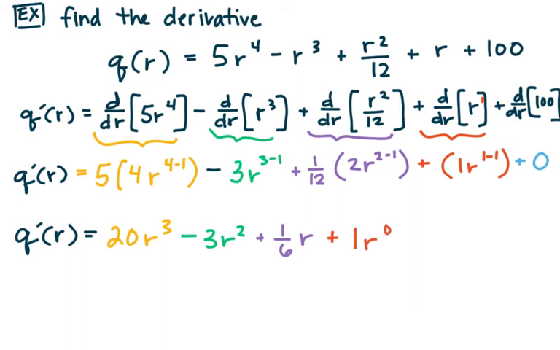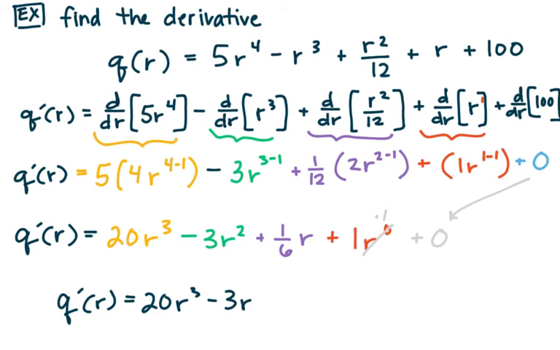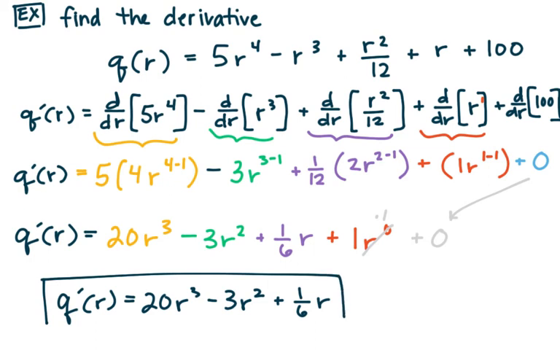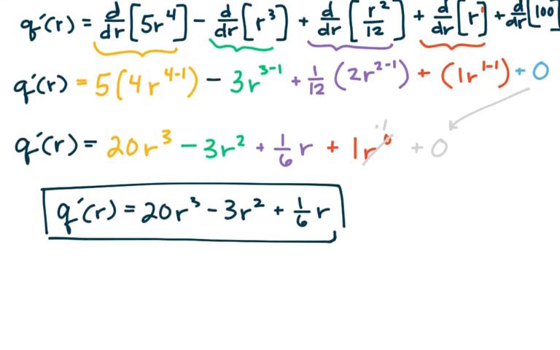And anything to the 0th power is equal to 1. So that's essentially saying 1 times 1. And of course, we do not have to write that plus 0. So my final answer, Q prime of r, is 20r cubed minus 3r squared plus 1/6 r. And that's completely acceptable as our final answer.